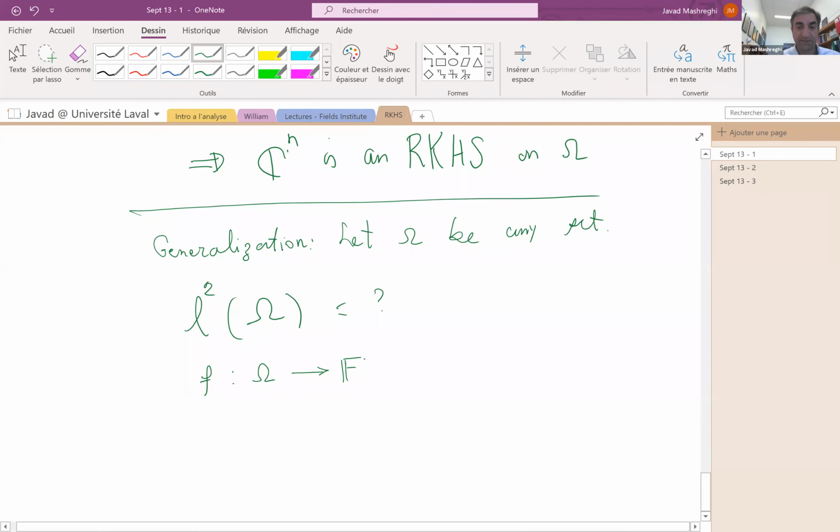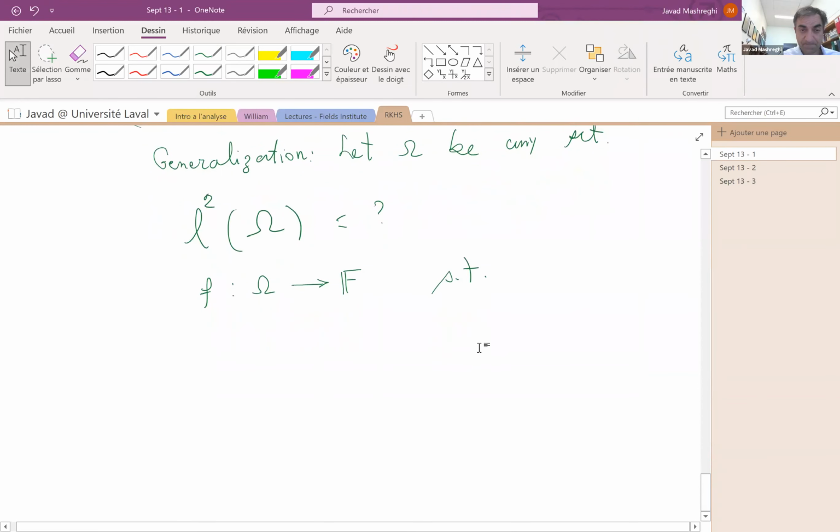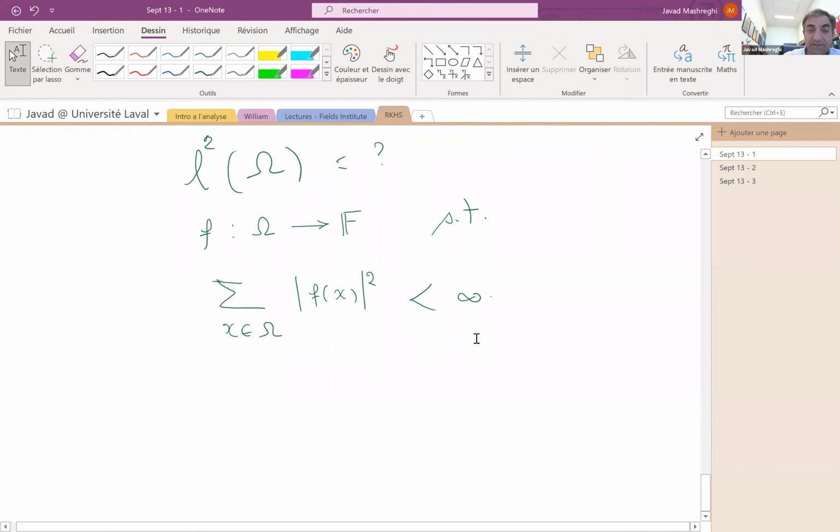In the general setting we say F, such that the sum over x in omega of the absolute value of f of x squared is finite. If omega is finite, some explanation is needed. If omega is finite, for example n elements, we obtain what we had before.